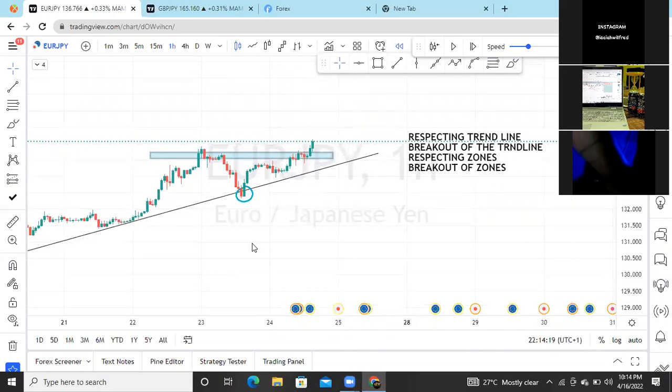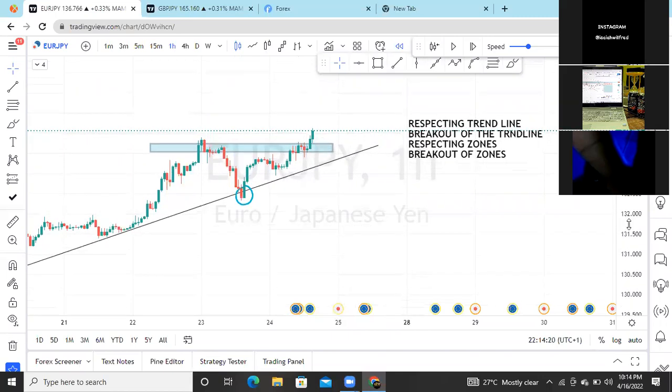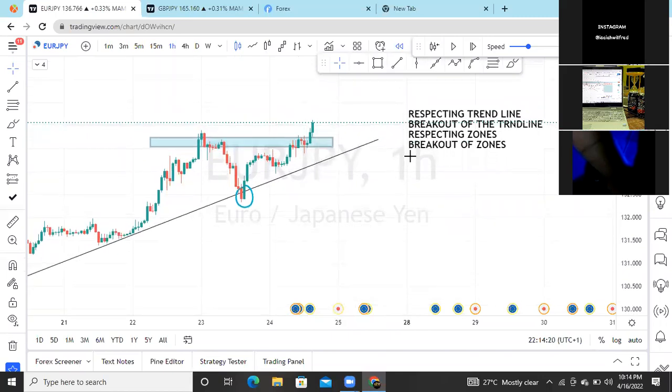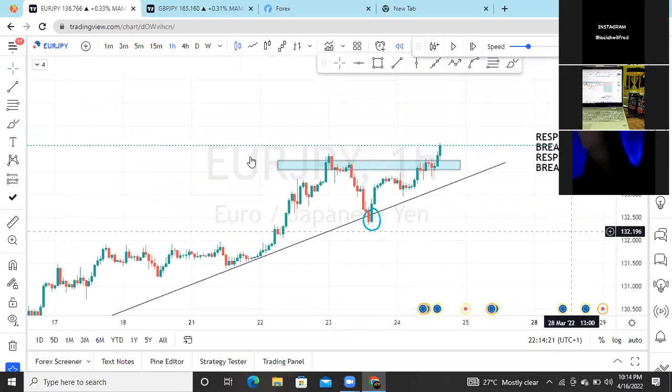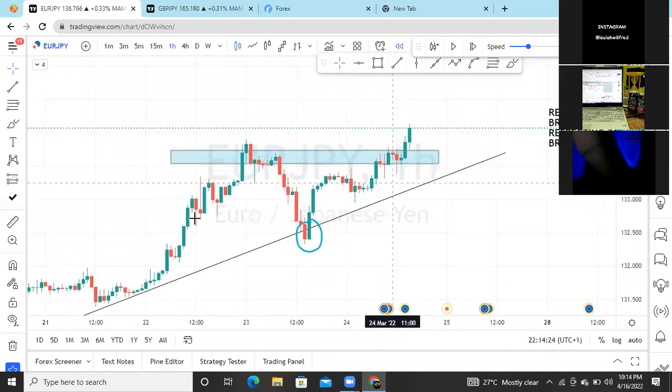How would I know if I were to take this trade, a sell, or if this is affecting this place? I would have a candle like this. Can you see this candle? If you want me to zoom in, I can zoom in.